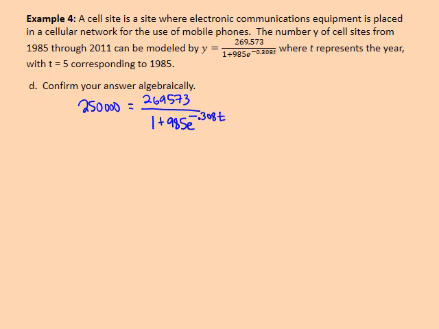Okay, our first step is to clear our fraction. So we're going to multiply both sides by the denominator, which is a ugly number.